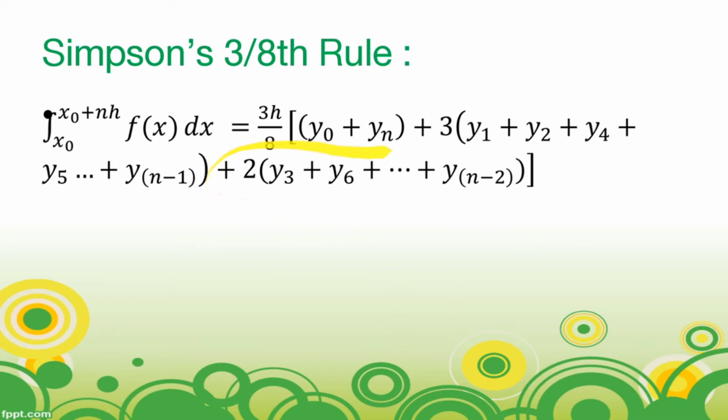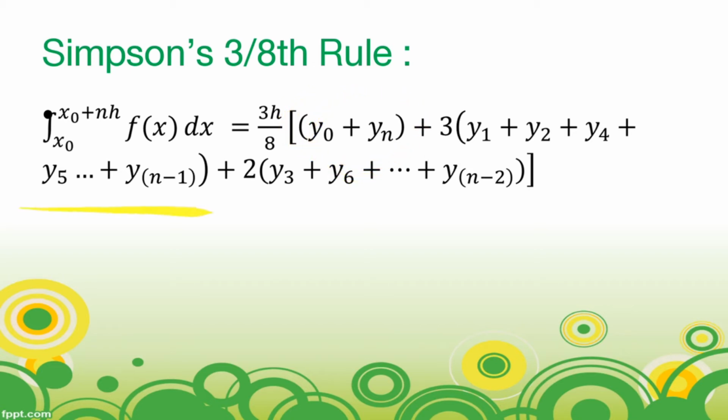That means the third bracket contains multiples of 3 terms, that is, 2 into y with lower suffix multiple of 3, and the middle bracket contains the remaining terms which are not in the last bracket, and the first bracket contains the first and last terms.